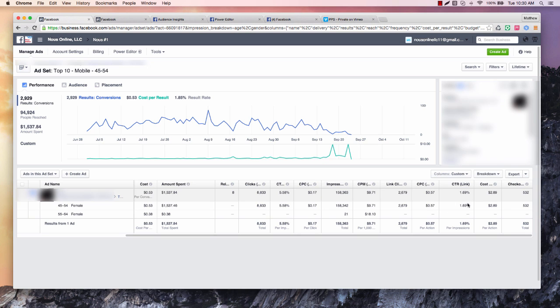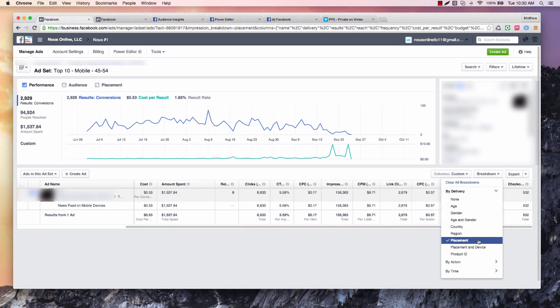You can also take a review of the placement. So the placement here, this was a mobile ad, so you only have one placement, but the placement would have the mobile device here and the desktop, and right-hand side if you had that as well.